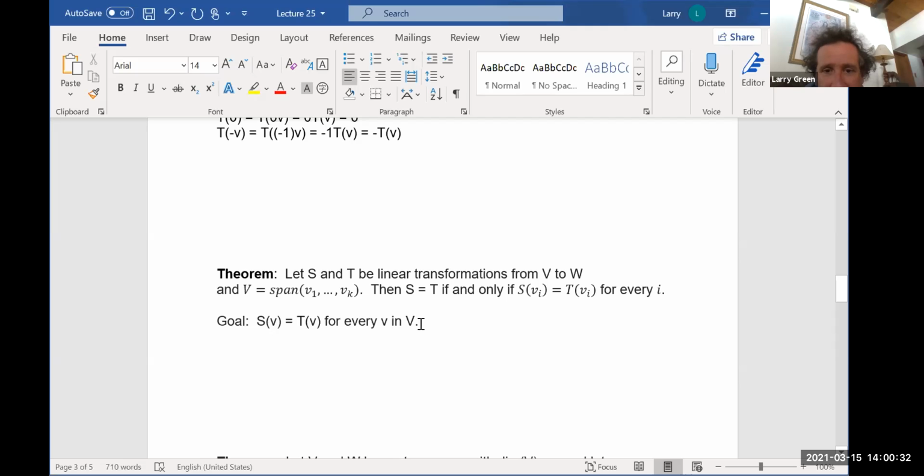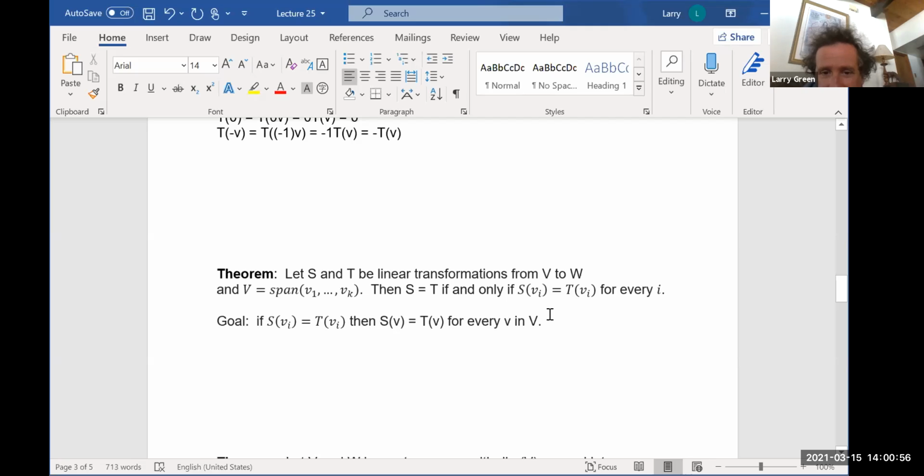Any questions on that? Given this, maybe I should write given. So that's our goal, that if S of all the Vi's are the same as T of the Vi's, then S is the same as T for any V.